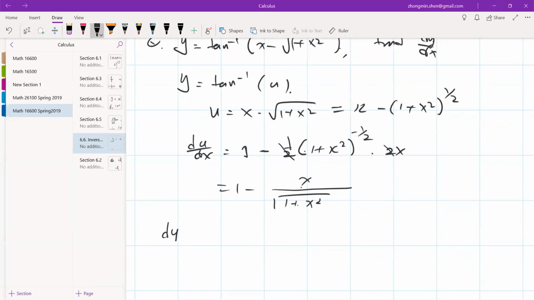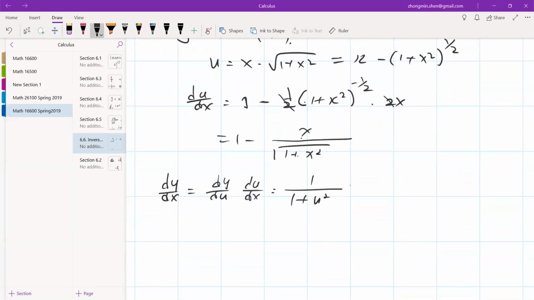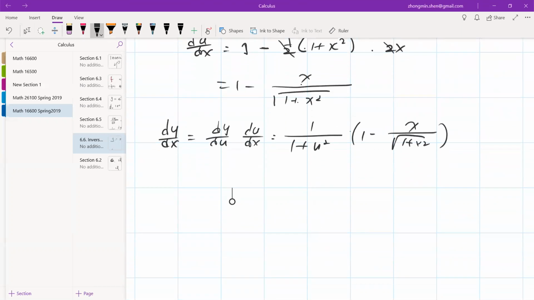So now dy over dx is going to be dy over du times du over dx. So for the arctangent of u, I know that's 1 over 1 plus u squared, right? And that is times du over dx of this, it's 1 minus. So is that enough? Not sure, right? Let's continue.